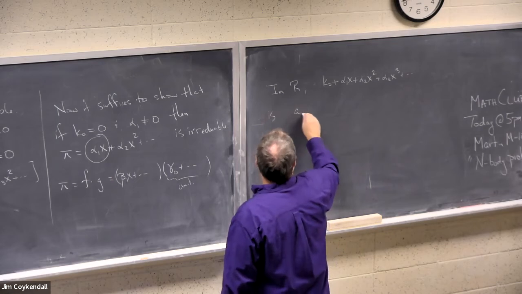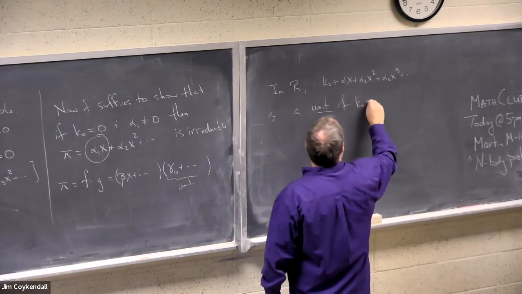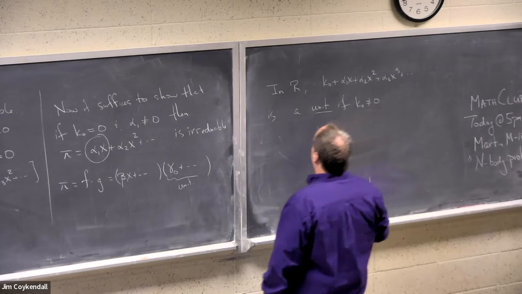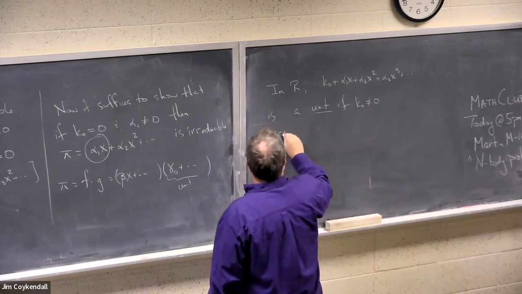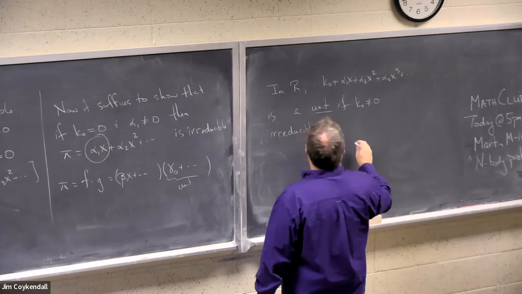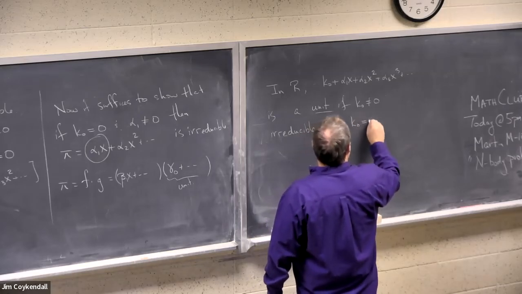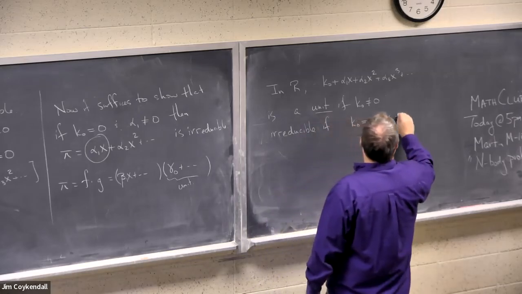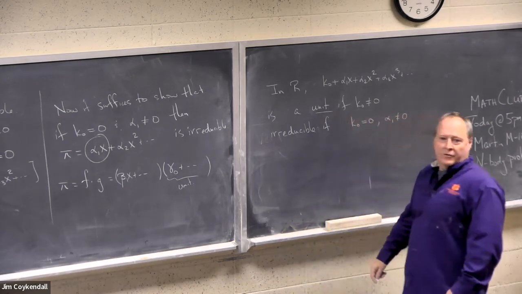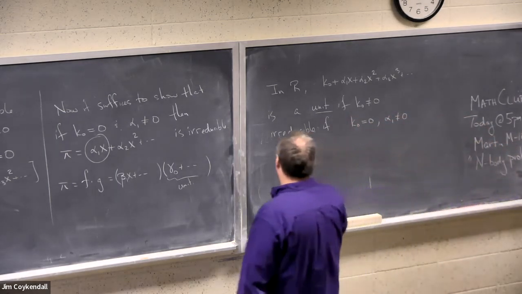K zero not zero is a unit. K zero equals zero and alpha one nonzero is irreducible. So any irreducible is like this. So let me make this observation.